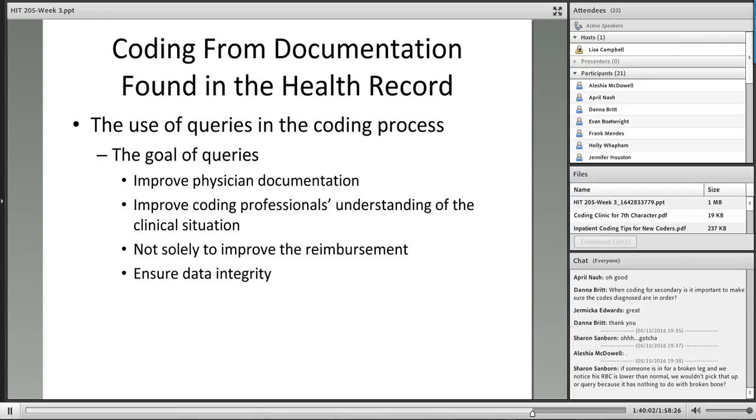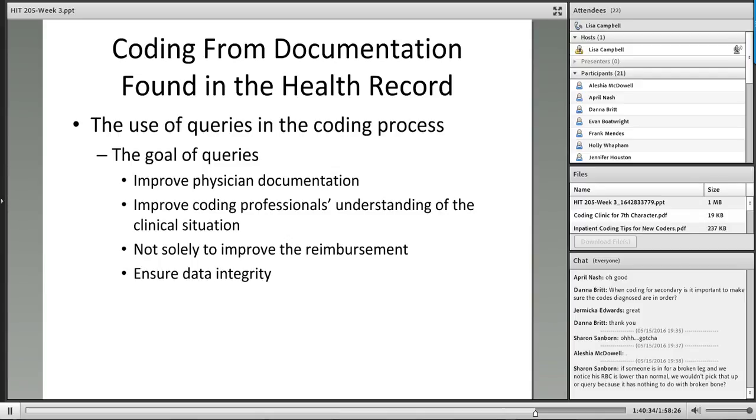It gives you examples because AHIMA suggests that the query has to be clearly and concisely written, number one. It has to contain precise language. And you have to present the facts from the medical record and identify why clarification is needed.